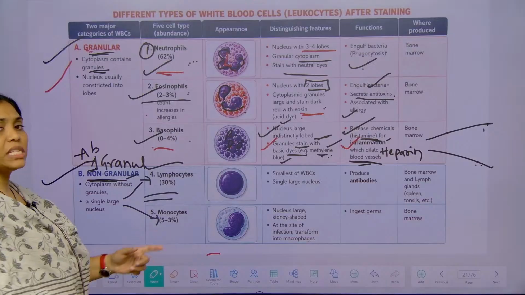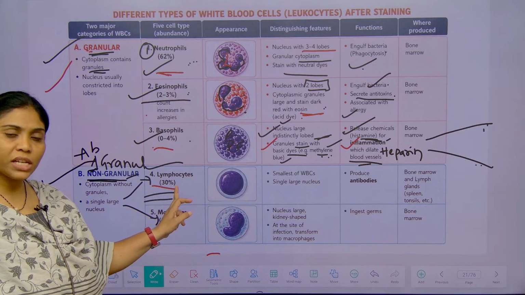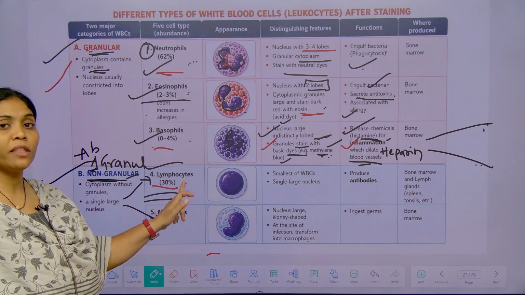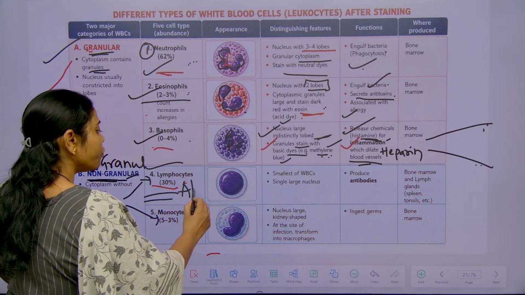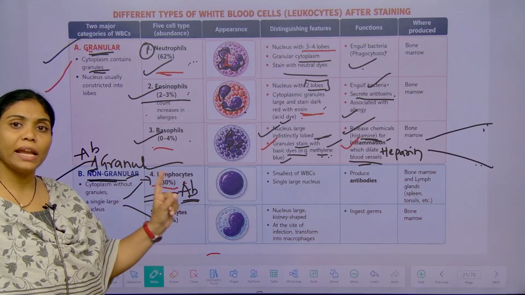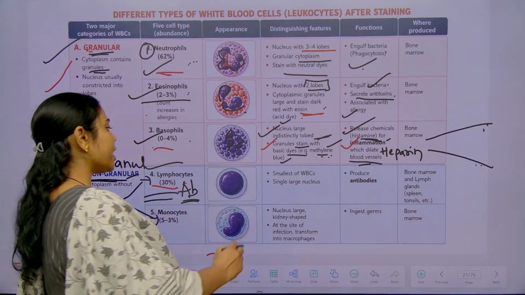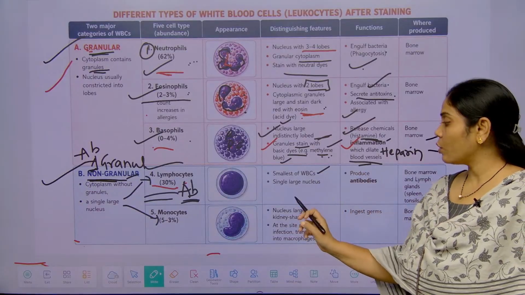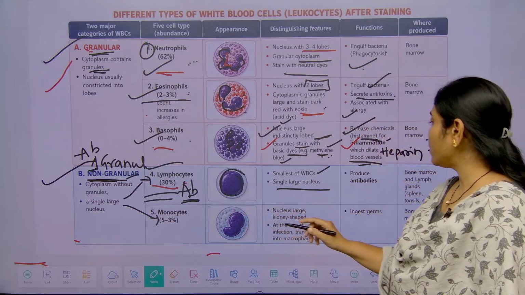Lymphocytes are about 30%. Lymphocytes help in the defense mechanism.